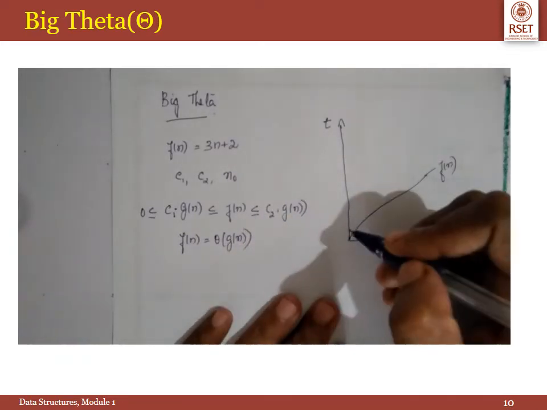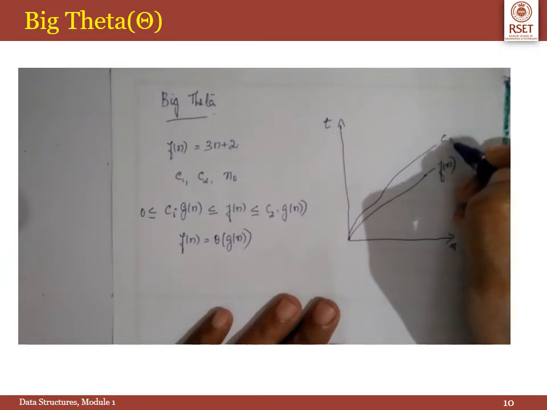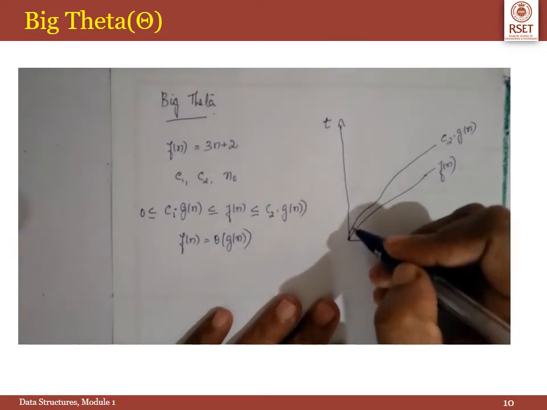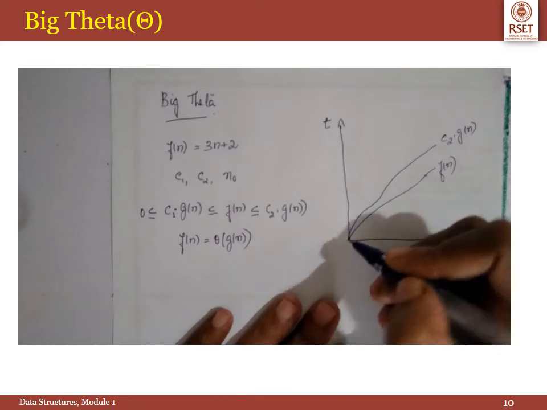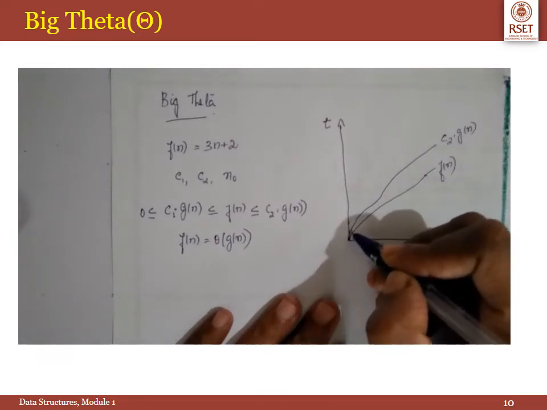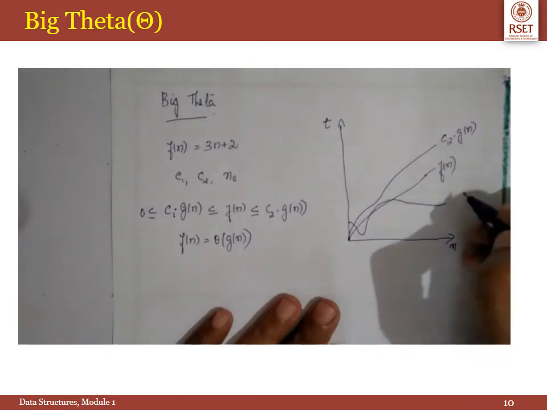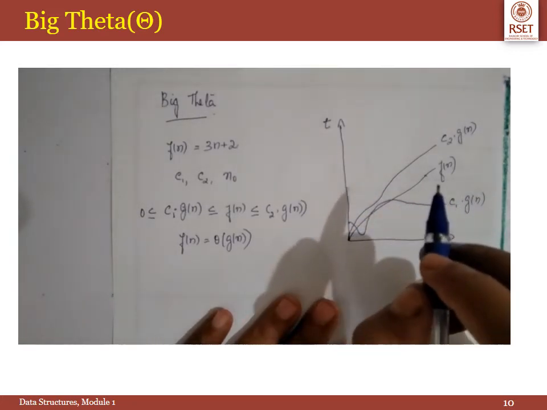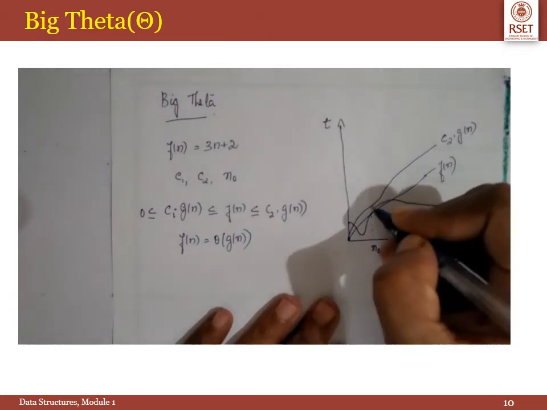Suppose this represents your c2 g(n), which lies above this, and maybe this represents your c1 g(n), which lies below. Then this particular point can be my break-even point.